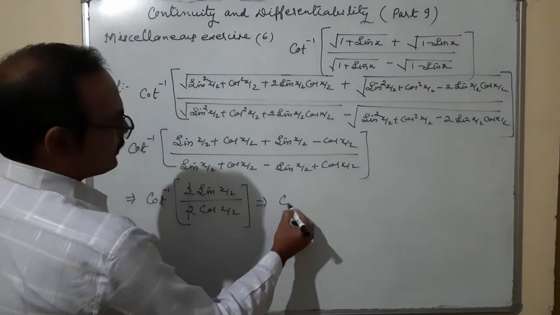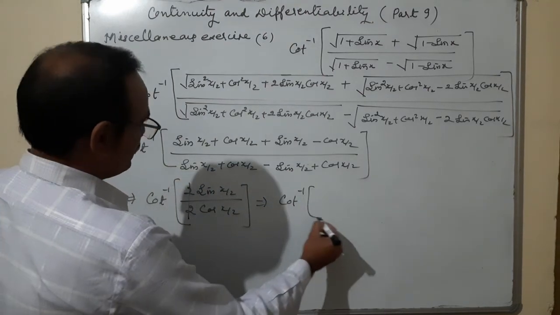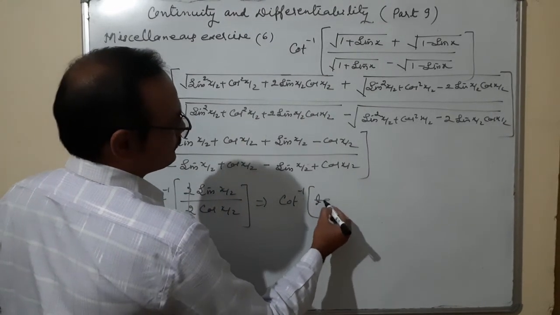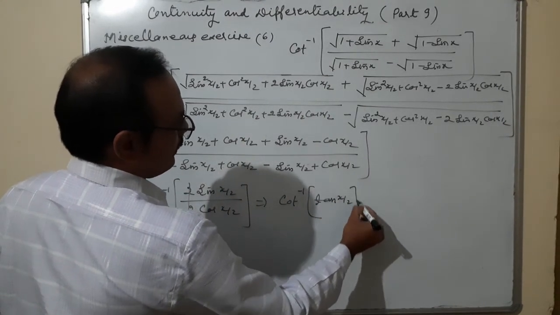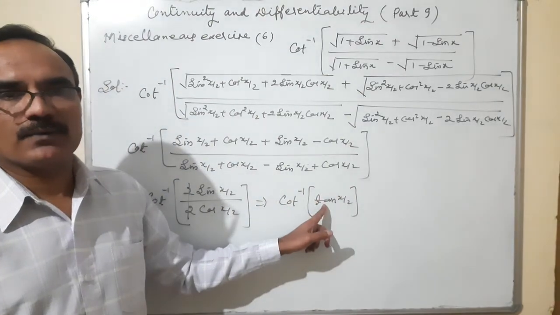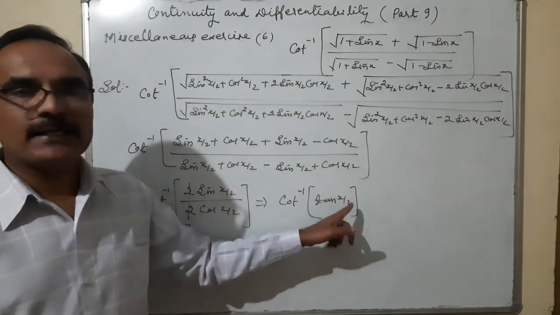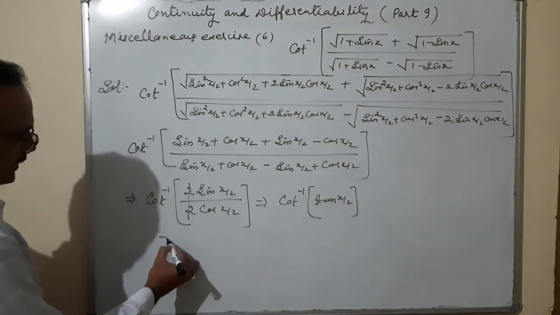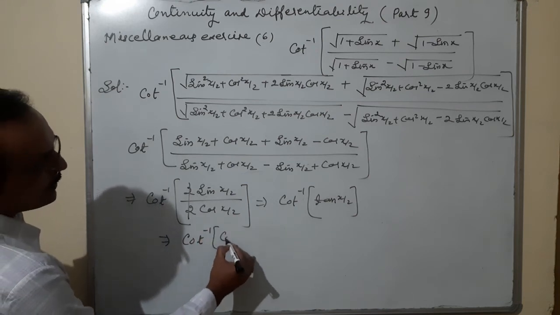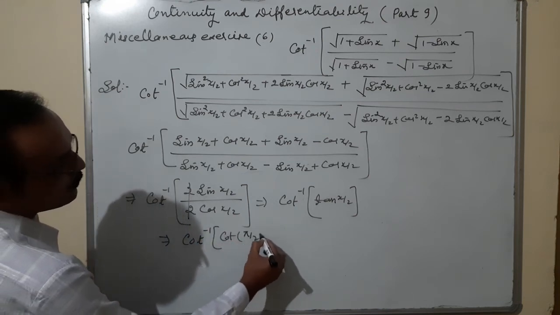It is coming cot inverse sin x by 2 upon cos x by 2, that is tan x by 2. But here is a cot, that is a tan. How to convert this tan into the form of cot? Can I write here cot of 90 minus x by 2? So I'll write here cot inverse cot pi by 2 minus x by 2.